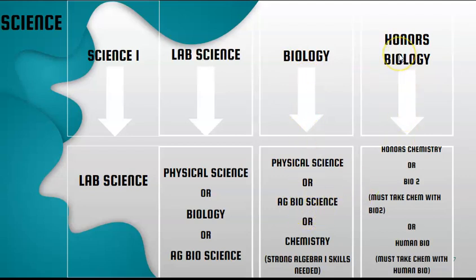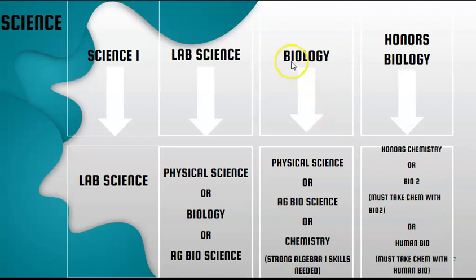Those of you who are in Honors Bio will go to Honors Chemistry next year, and you have the option to take Bio 2 or Human Bio along with Chemistry if you would like to. It is not required. Only the Honors Chemistry is required, but if you would like to take additional science classes, you can.